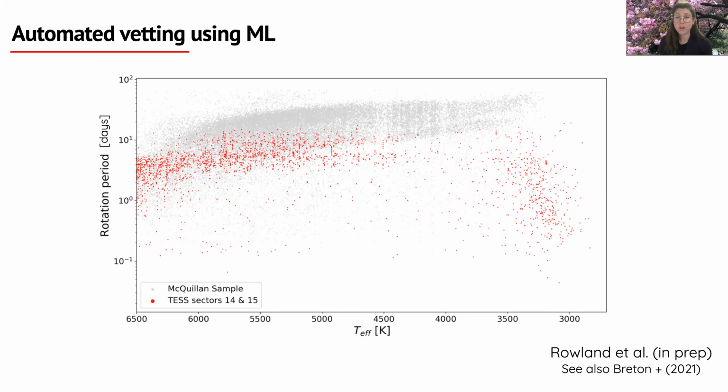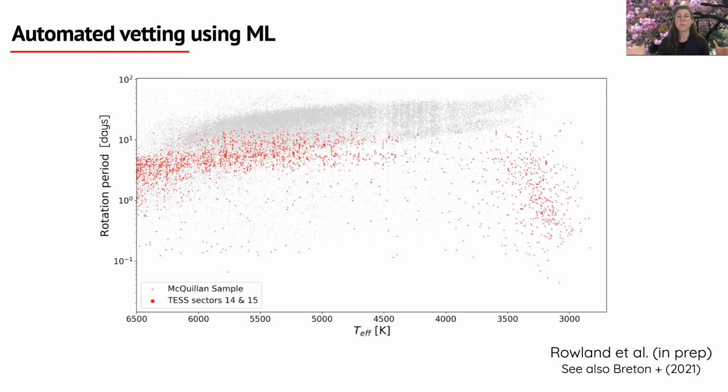There are a lot of incorrect rotation periods in there that are just reflecting the systematic signals in the TESS data. So this figure shows rotation periods that are, for the most part, expected to be accurate. And again, she's using an automated vetting technique that is a random forest-based vetting technique.